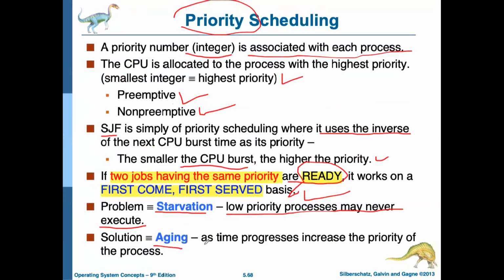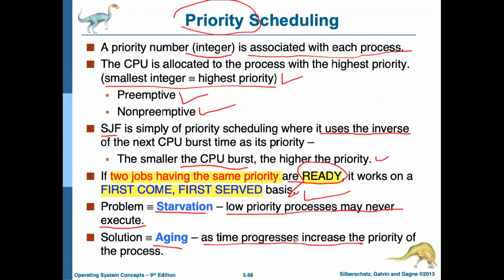They say that as time progresses, increase the priority of the process. Because here they use the smallest integer as high priority, the number keeps getting smaller, because smaller is higher.